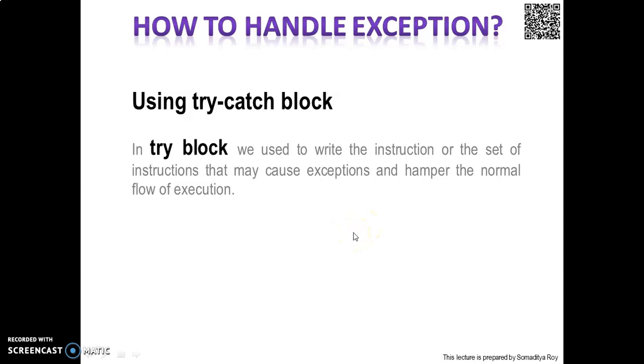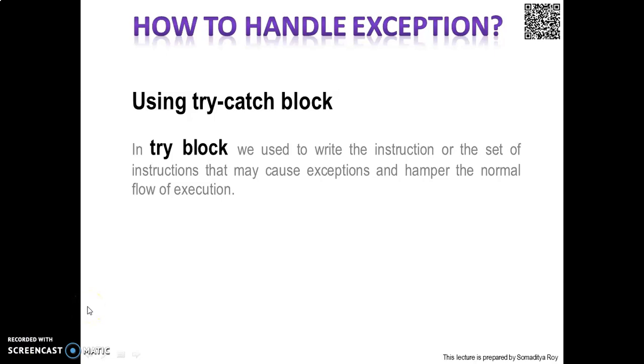Now whenever there is an exception, the system will create an object of that exception class and throw it. If that object thrown by the system is able to be caught by someone, we call the exception handled. If not, then we are unable to handle that exception and the normal flow of execution will stop.